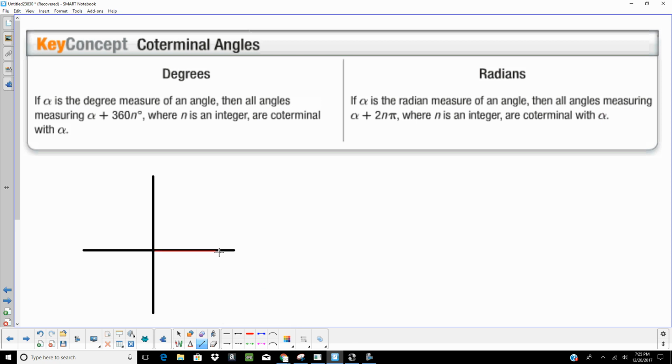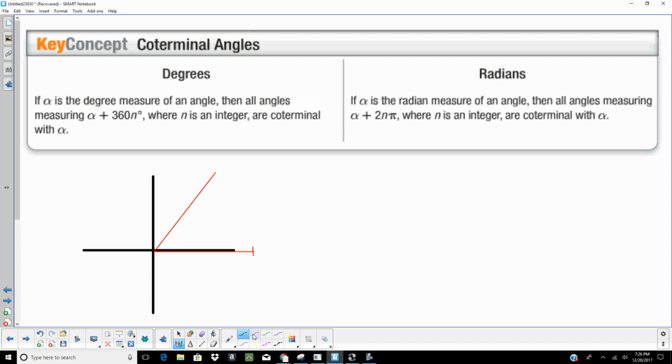I've got an initial side here, and then I'm going to have my terminal side right here. Imagine there's an arrow on the end of that as well.